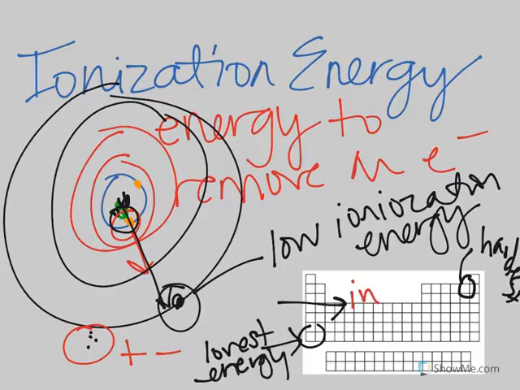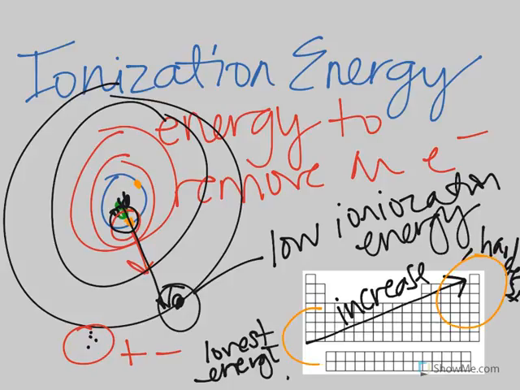So this was increasing as you move from left to right, because the more protons and electrons you have in an atom with the same number of energy levels as everyone else, the tighter you can hold on to your electrons. So the overall trend with the periodic table is that your highest ionization energy elements are in the top right, your lowest are in the bottom left. So as a general trend, it's harder to pull away electrons from atoms in this area versus atoms in this area.